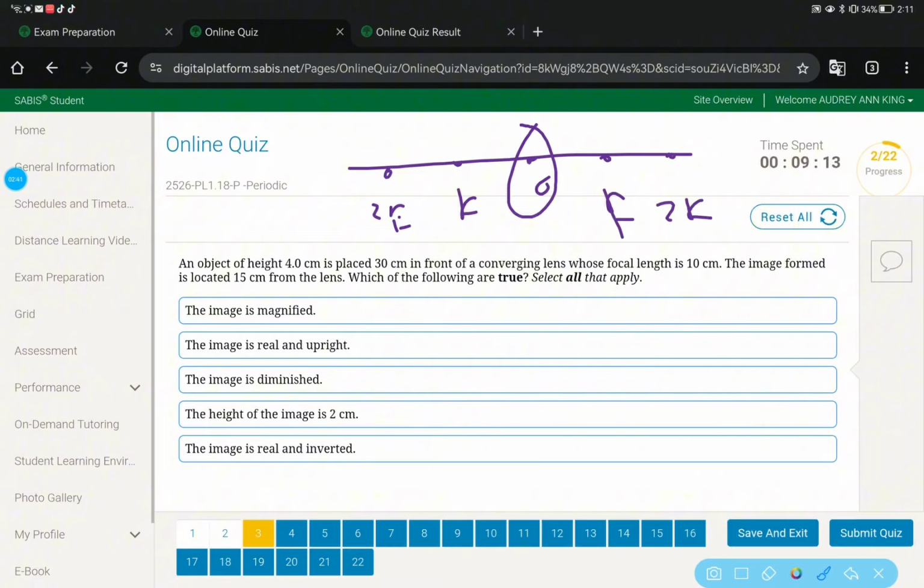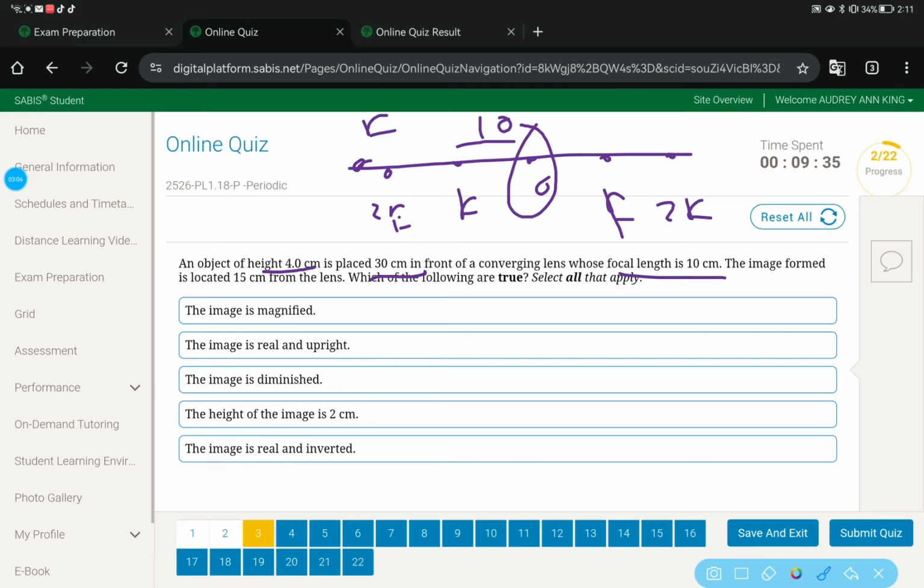So for this, we can see that they said that the focal length is 10 centimeters. So from here to here, it's 10. But the object, which is 4 centimeters tall, is placed 30 centimeters in front of the convex lens, meaning it's going to, let's say, be around here.